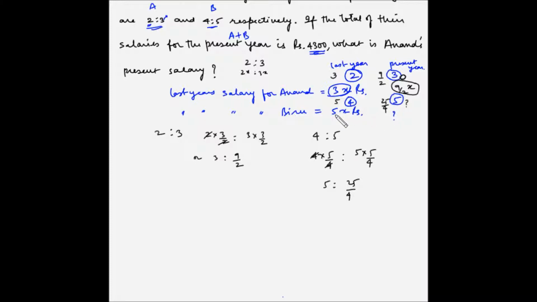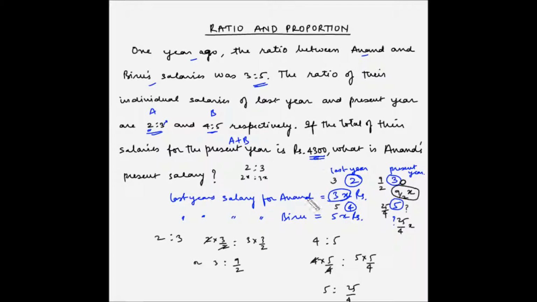Now last year's salary for Biru is 5x, and we know that the ratio of last year's to present year's salary is 5 is to 25 by 4. So present year's salary will be 25 by 4 times x. Now we can add these two present salaries and equate that equal to 4300.